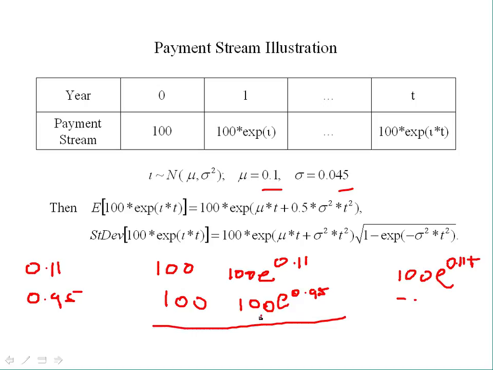And then if you take the average of these values, it's not going to be 100 e to the 0.1 t. It'll be 100 e to the 0.1 t plus a half sigma squared t squared. Sigma squared is 0.045 squared.